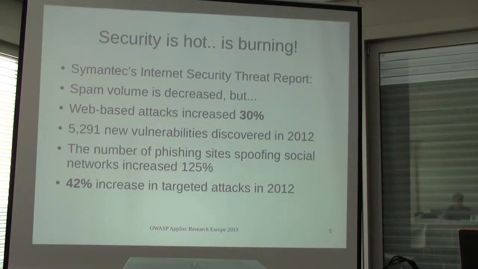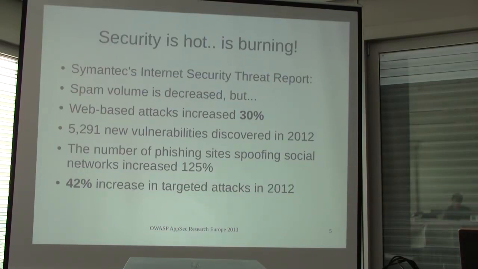Last year we saw a rise in web attacks of about 30%, with more than 5,000 new vulnerabilities discovered in a year. And what is interesting is that there are a lot of new phishing attempts targeting social networks, both on mobile and on traditional desktop.